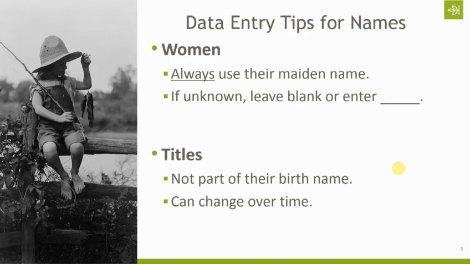Someone may go from being a captain to being a major to being a general. Somebody may be a reverend and a doctor. For royalty, certainly those names and titles change over time as they are granted different titles, as people pass away, or as new inheritances are received. And so, again, if you make them part of the name, that becomes super complicated to keep track of. It gets messy. So just keep in mind that titles are not an official part of a name.